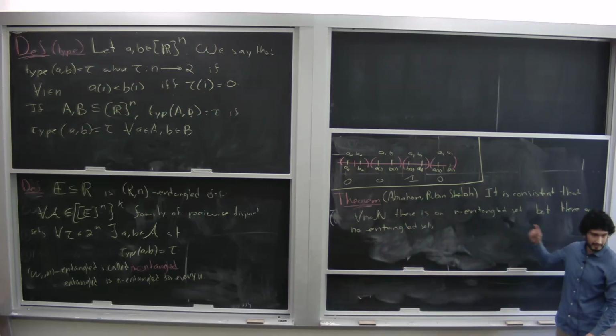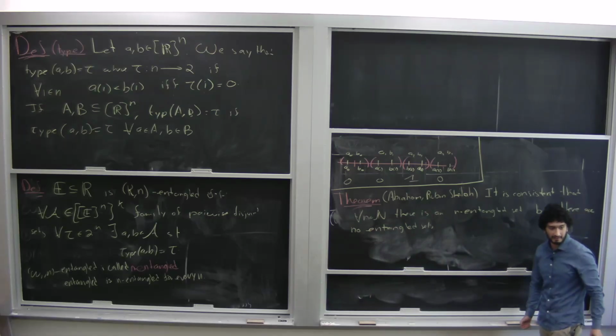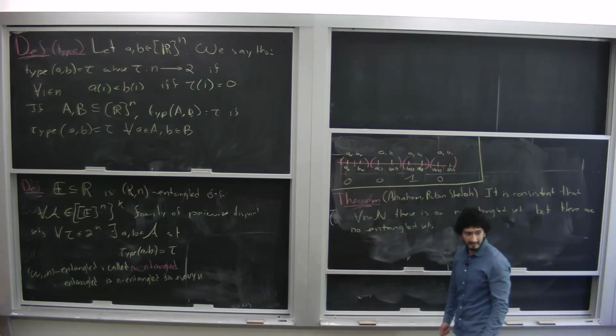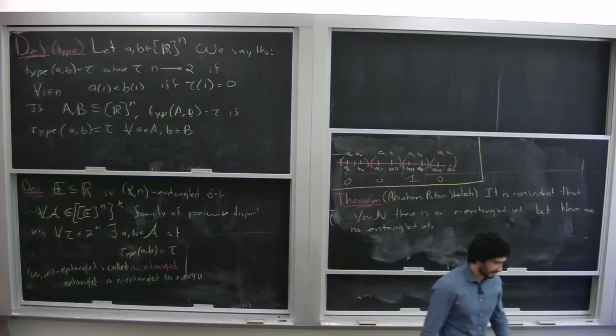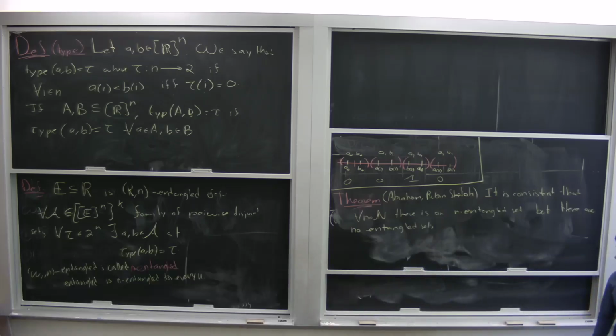No, for every n there is one, but there is none which is n-entangled for every n. Okay, I thought that was, and there's a sub, just n-entangled, not n plus one. Exactly. I'm sure they prove that as well.